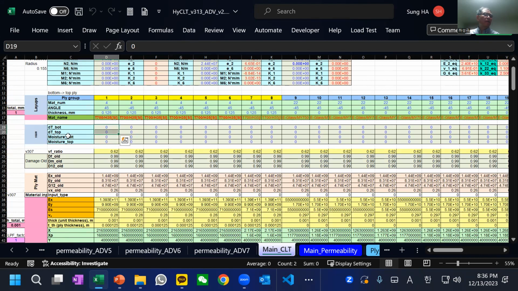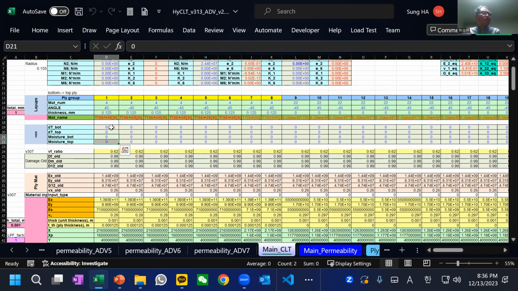Then there's another term very similar to temperature, which we didn't cover, which is the moisture specification. Due to the moisture, the strain will be generated. That procedure will be exactly the same, but we will skip it. The only difference will be a different material property, the moisture coefficient.